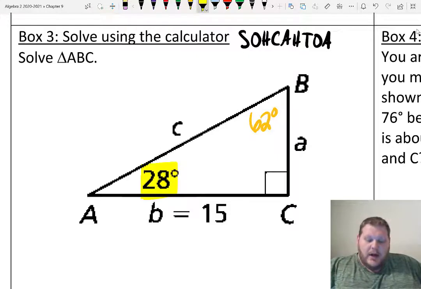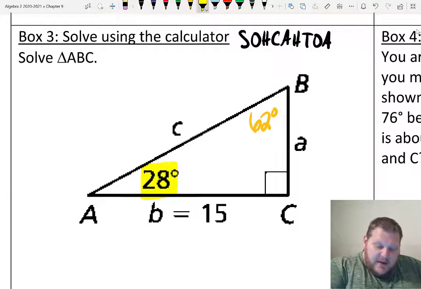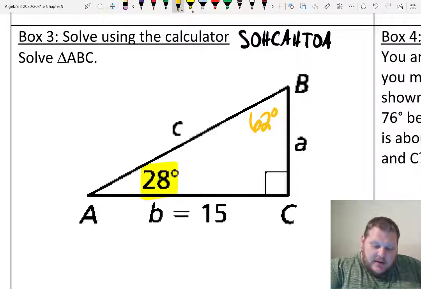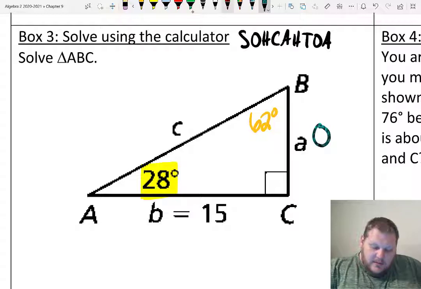So I know the side length is 15. And if I'm going to label them as things that I know, from 28 degrees, the opposite side would be over here, my adjacent would be right here, and my hypotenuse would be right there.